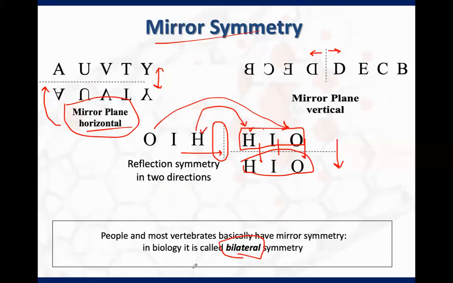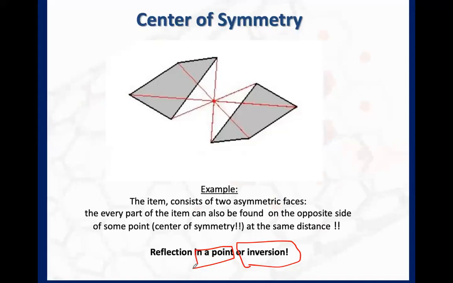This is mirror symmetry, but this is not, because if it were mirror symmetry and you had the object like here, then this corner should come over here, but in this case it's different.